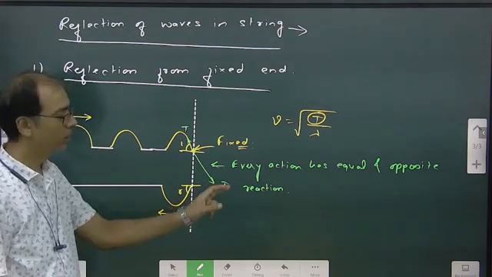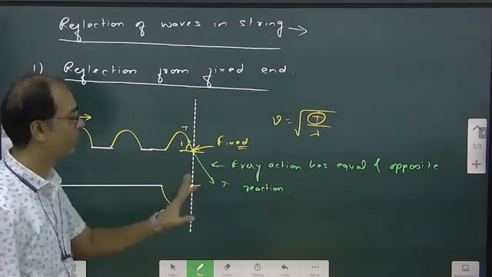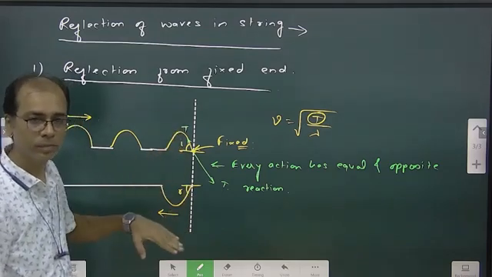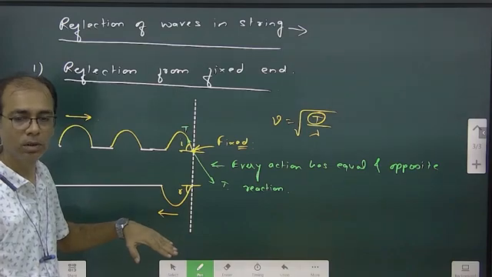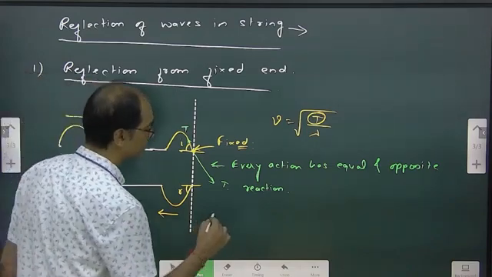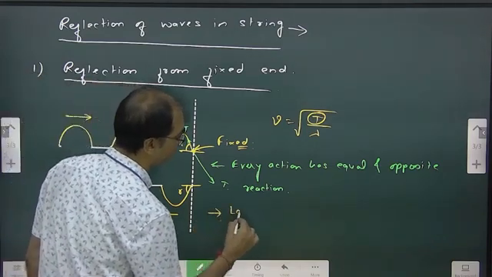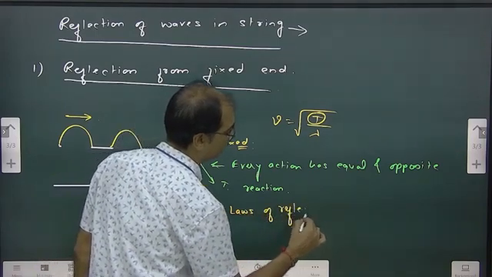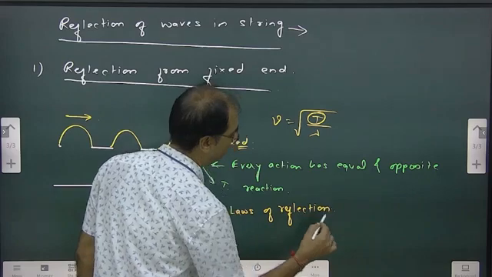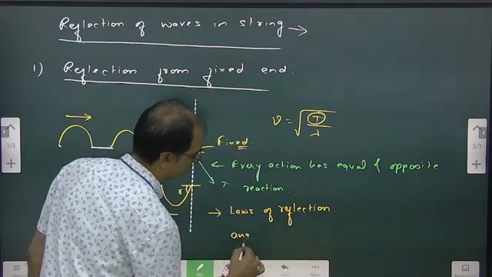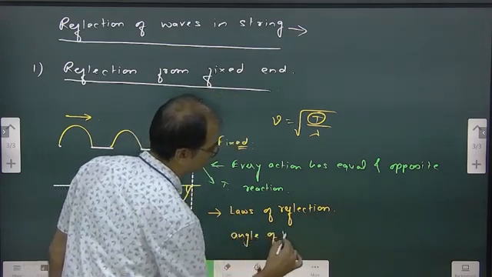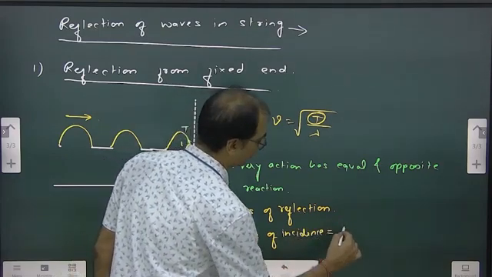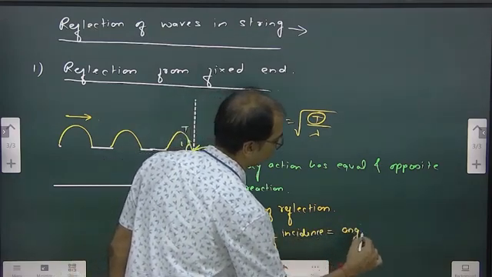Okay, both ways you can explain. One is that every action has an equal and opposite reaction because of that force, so it comes down, and the other one is the laws of reflection. What it says: angle of incidence is equal to angle of reflection.